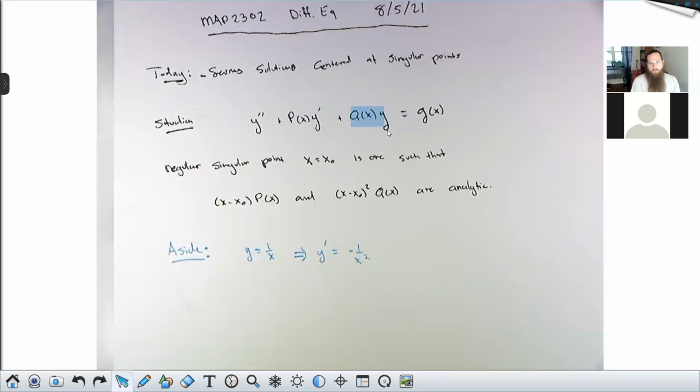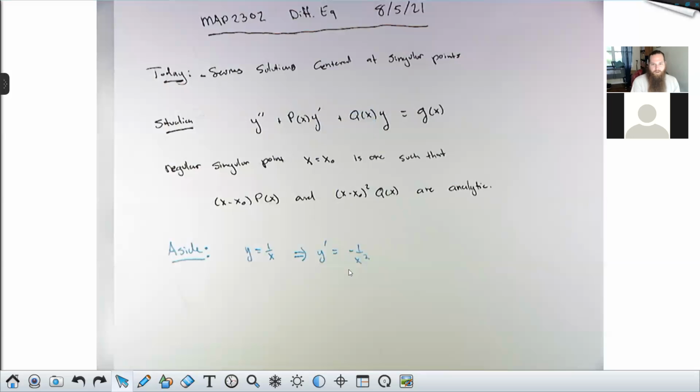Then in order to make this whole chunk here analytic, you would have to multiply by x minus x naught squared. Right? Even though q of x only has an order 1 pole, if your solution also has an order 1 pole, then in order to make things nice, you would need to put together an order 2 pole. Y prime here is negative 1 over x squared, so this guy would be even gnarlier. So p of x can't be as bad as q of x.